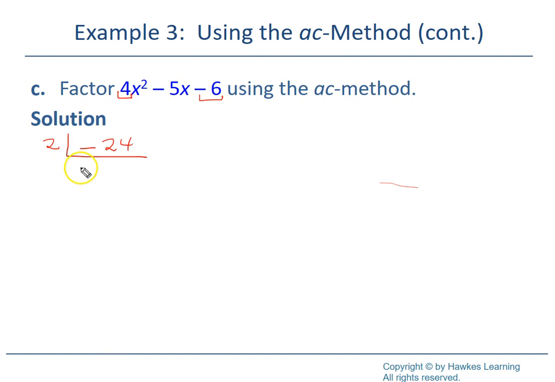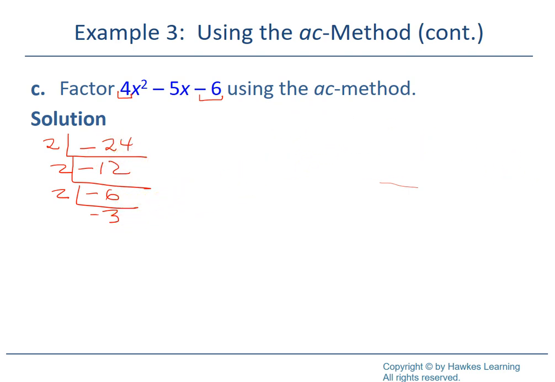We're going to take a 2 out, get a negative 12. Take a 2 out and get a negative 6. Take a 2 out, get a negative 3. So we have 8 times 3 is 24. Good.